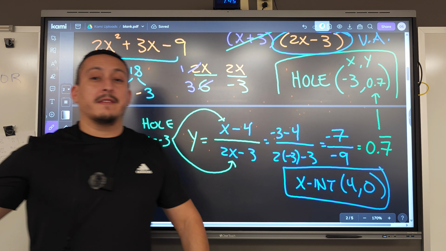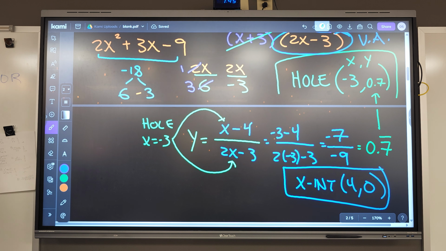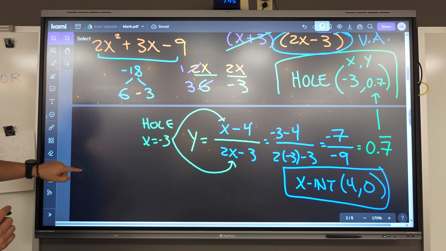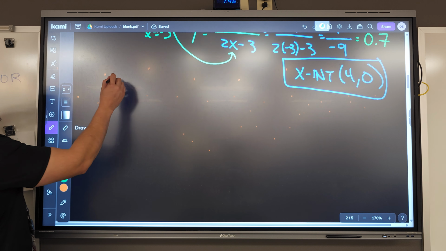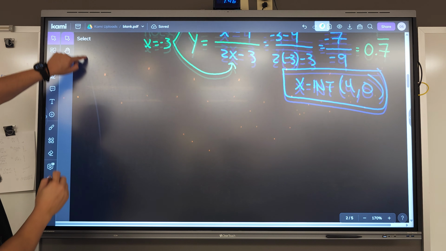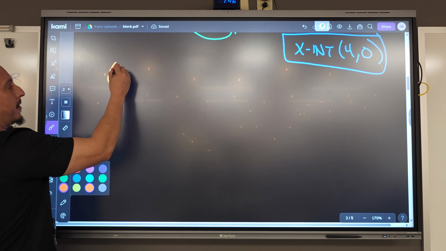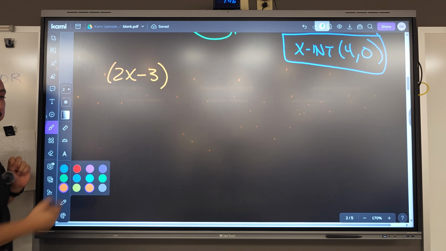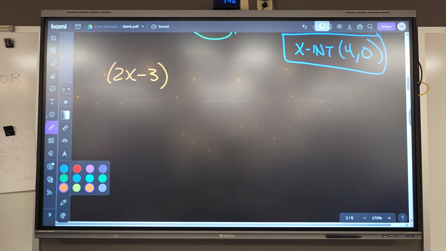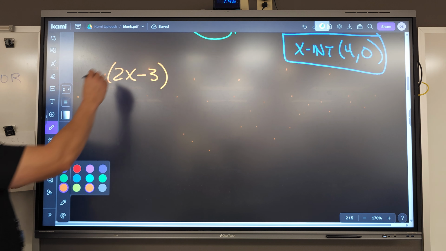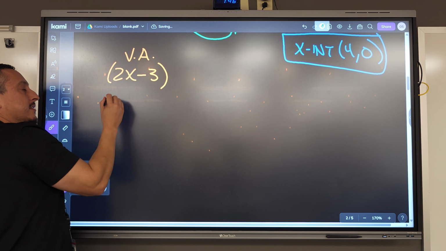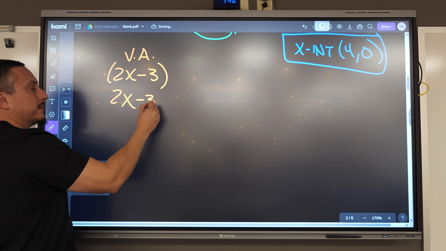By the way, as you'll see here in a minute, you can have multiple x-intercepts. You can have multiple vertical asymptotes. Now, what was that bottom factor? 2x minus 3. This is the bottom that didn't cancel, right? That's where your VA comes from. I think this is one of the only examples that's like this. So I set this equal to 0.